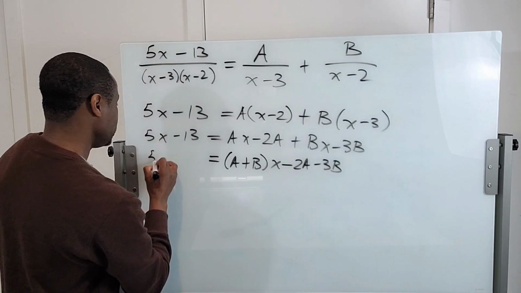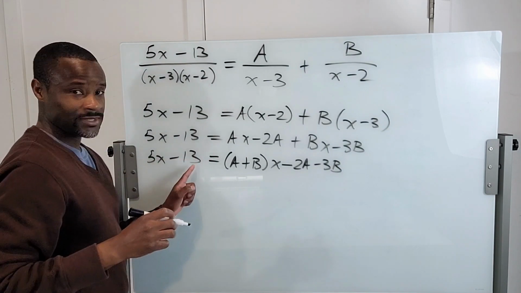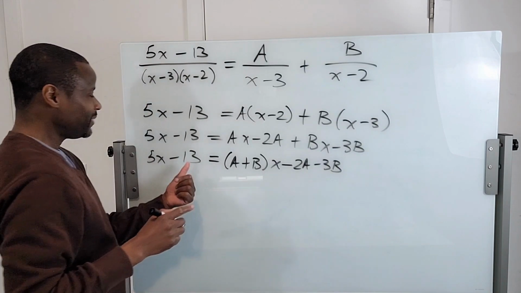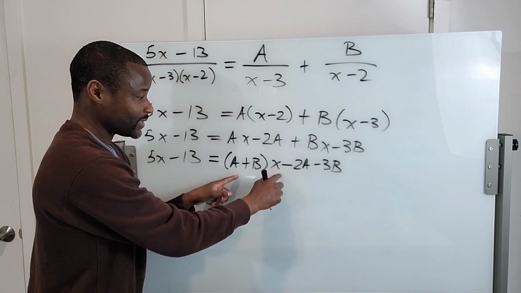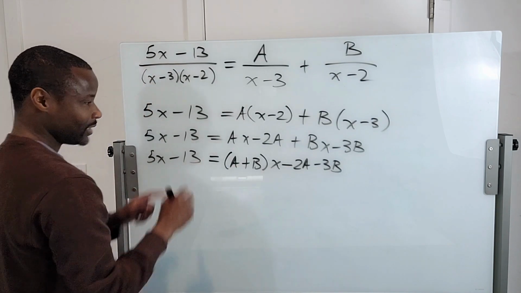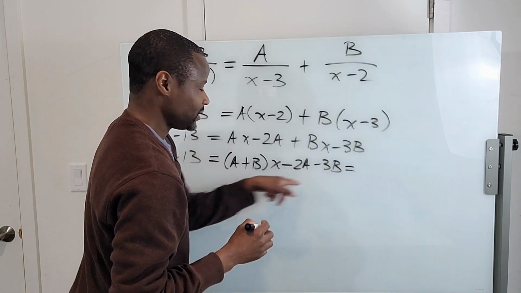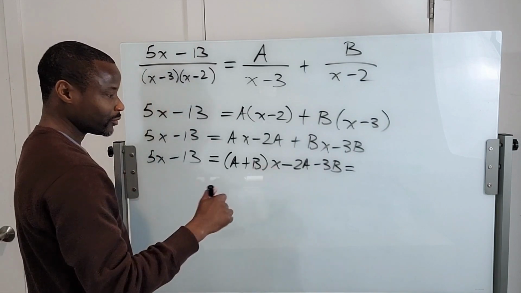Notice on this left-hand side, we have 5x minus 13. We have one constant being subtracted. Here we have 2 being subtracted. We want to make it look just like this. We've already succeeded with the coefficients of x, but not the constants. So all we have to do is factor these in such a way that it looks like we're only subtracting one thing, not 2.